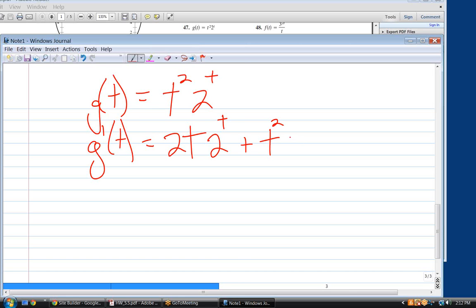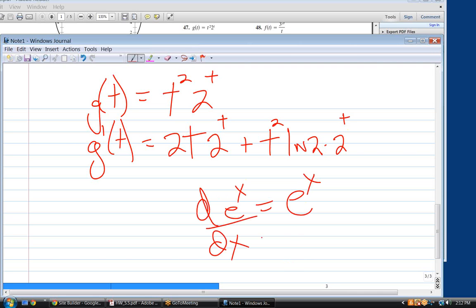Is that the natural log of 2 times 2 to the t? Yes, and that's the best way to remember it. The derivative of e to the x is always e to the x. But the derivative of anything else to the x, say 3 to the x, is 3 to the x times natural log of 3.